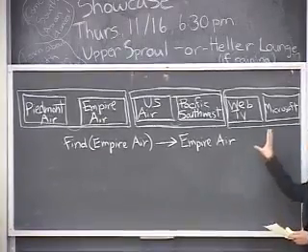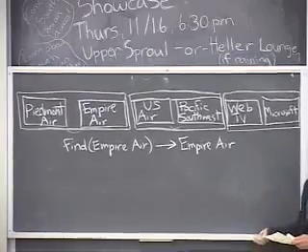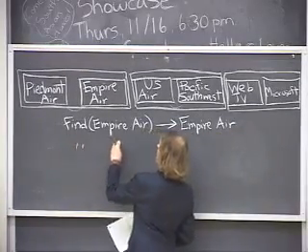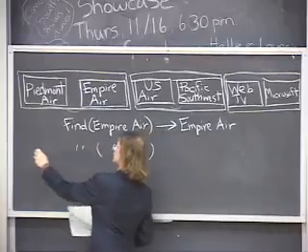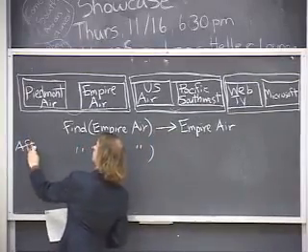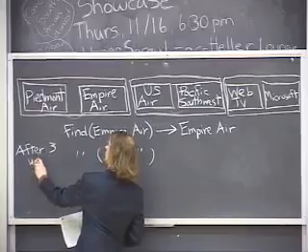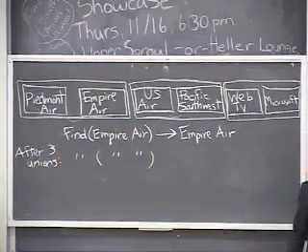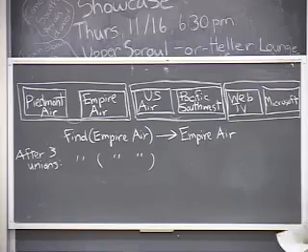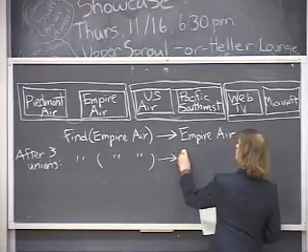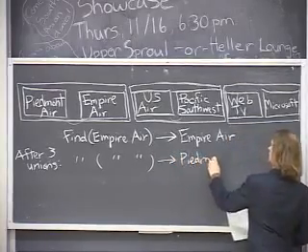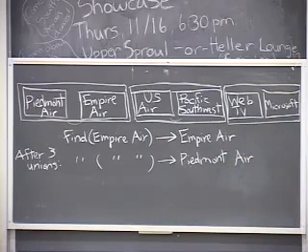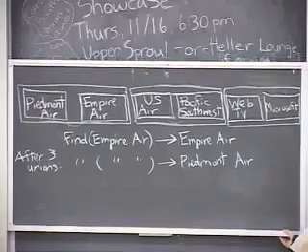And after those union operations are performed, you can do this same find operation all over again after the first 3 unions. And you'll get a different answer. Now if I do find Empire Air, the answer is Piedmont Air. And later on, US Air took over Piedmont Air as well.